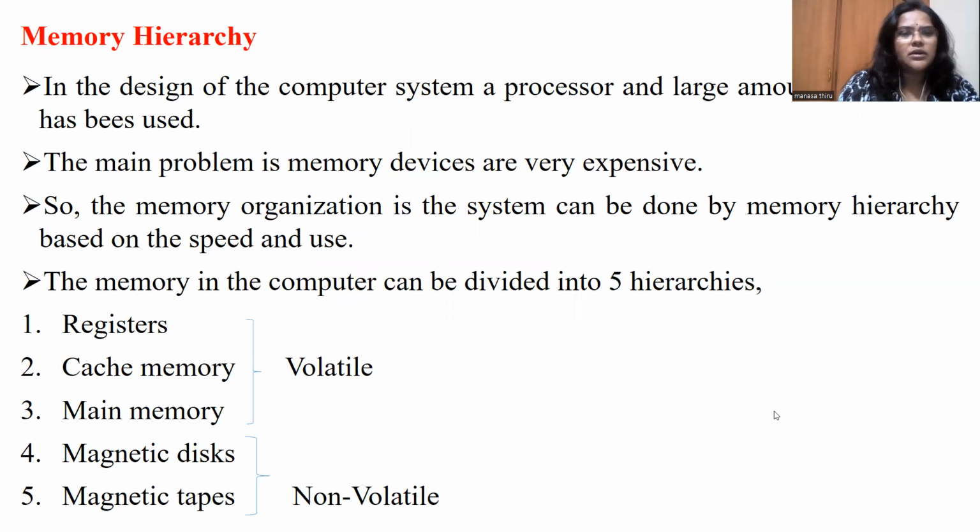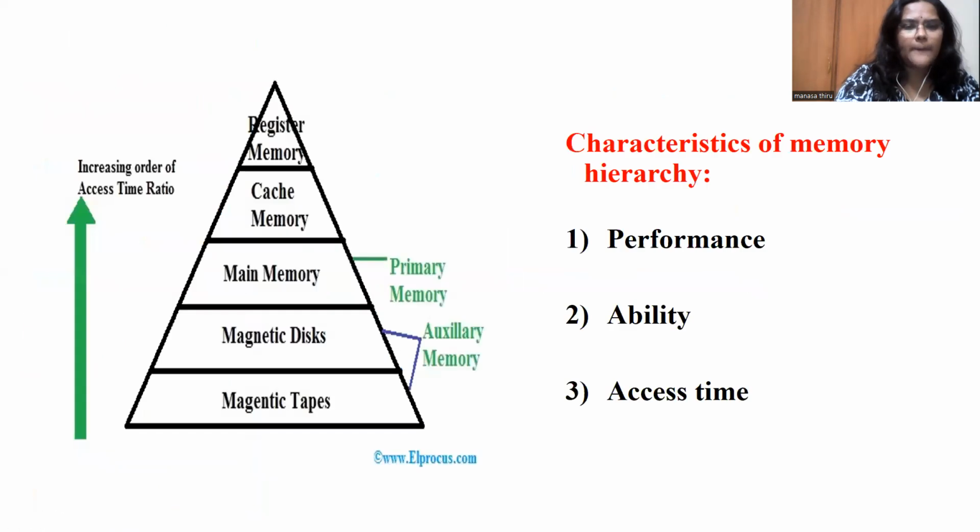The memory is divided into 5 hierarchies. First one is registers, cache memory, main memory, magnetic disk, magnetic tapes. So here the first 3 parts, registers, cache memory, main memory, are called volatile. And the fourth and fifth, magnetic disks and magnetic tapes, are called non-volatile. The first 3 are the temporary memory and the second 2 are the permanent memories.